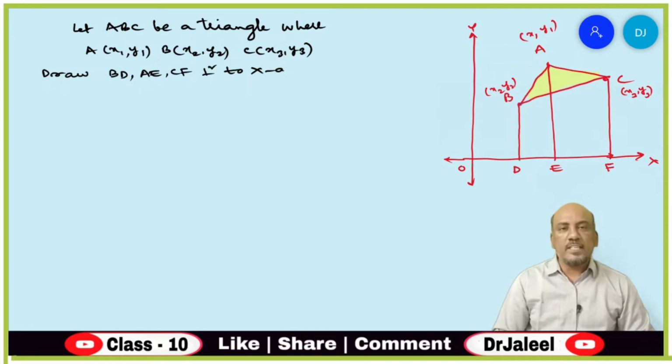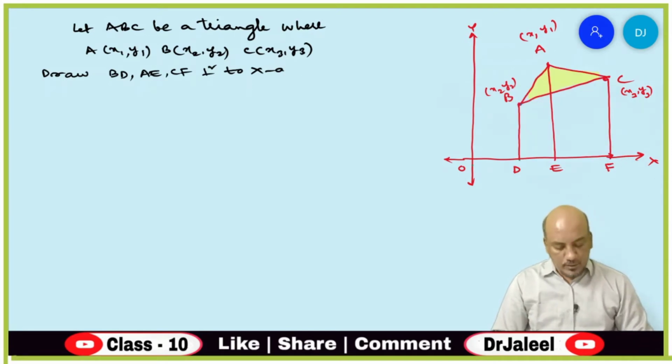If I take out this trapezium area from the complete area, then we are going to get the area of the triangle. Children, to know the area of a trapezium, first you should know the sides. So let us try for that. How do you find this OD, the distance from origin to D? You have to consider this x coordinate. How much is it? x2. And what about the distance OE? You have to consider again this coordinate, that is x1.